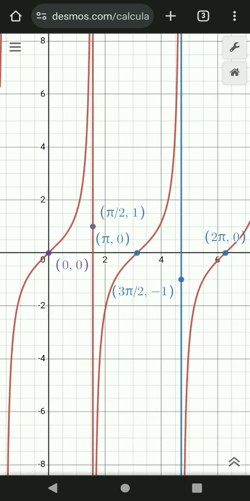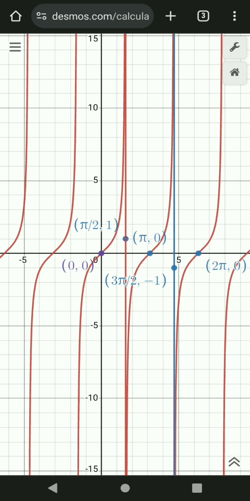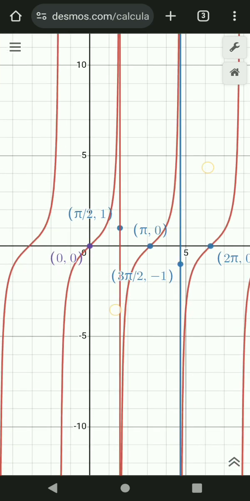So look at that. So that's it. The asymptote hugs close to the curve. That's the tan graph.